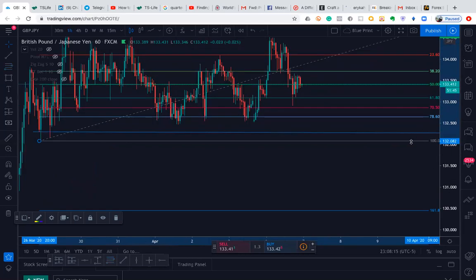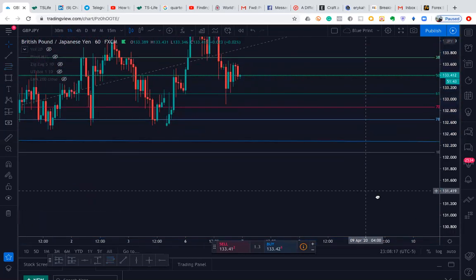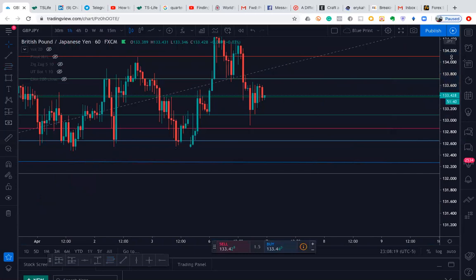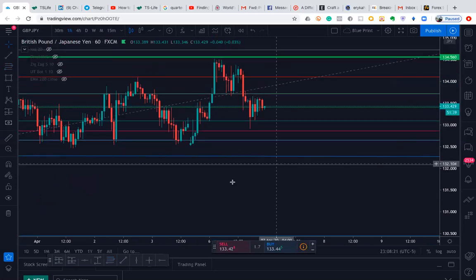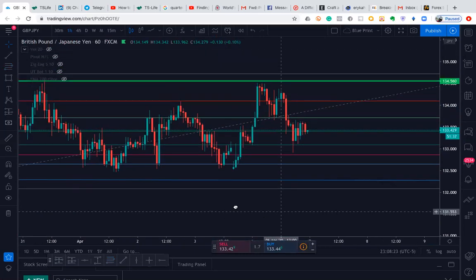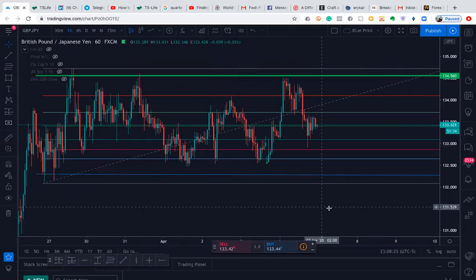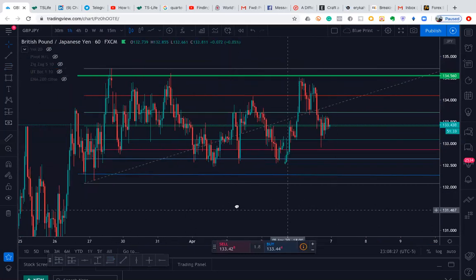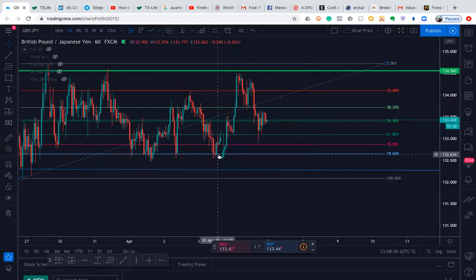Now, if you notice here, what I really like about this is, if you look right here at 78.6, price got here. Remember we said that's our buy opportunity.